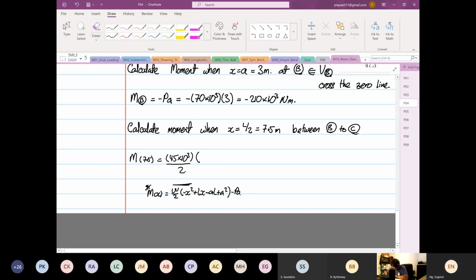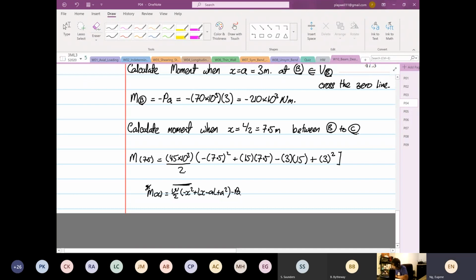Minus 7.5 squared plus 15 times 7.5 minus A, which is 3. L is equal to 15 plus 3 squared.